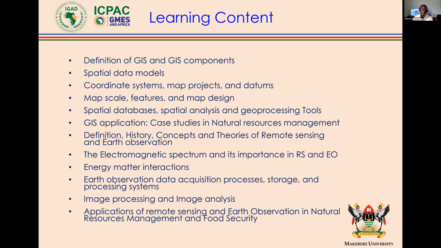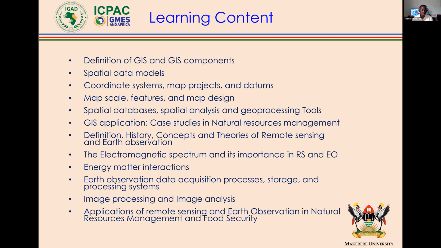We shall also, in the remote sensing aspect, look at what the electromagnetic spectrum is and how important it is in remote sensing and Earth observation, and go further into how the energy from the sun and sensors interact with matter or Earth objects in space and on land.